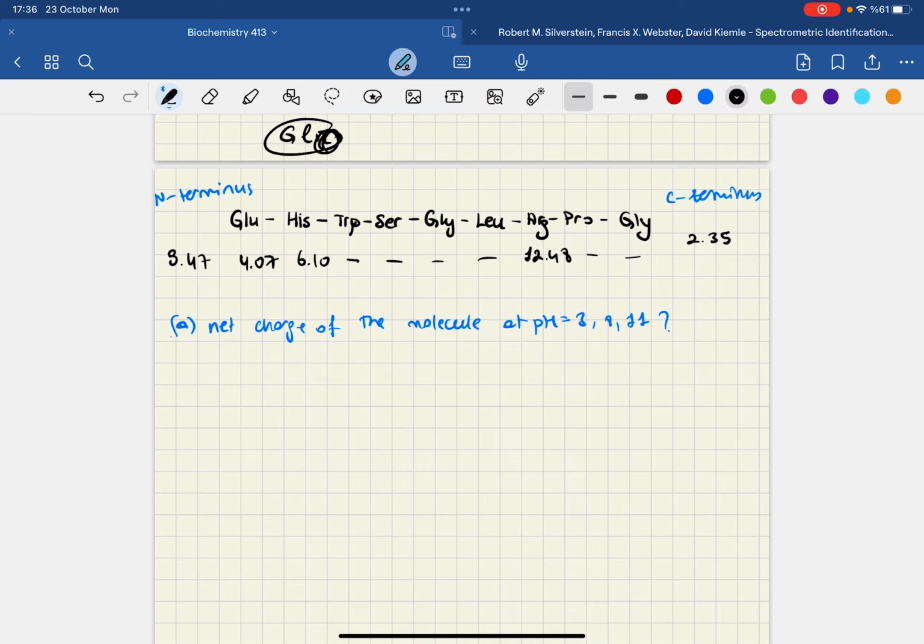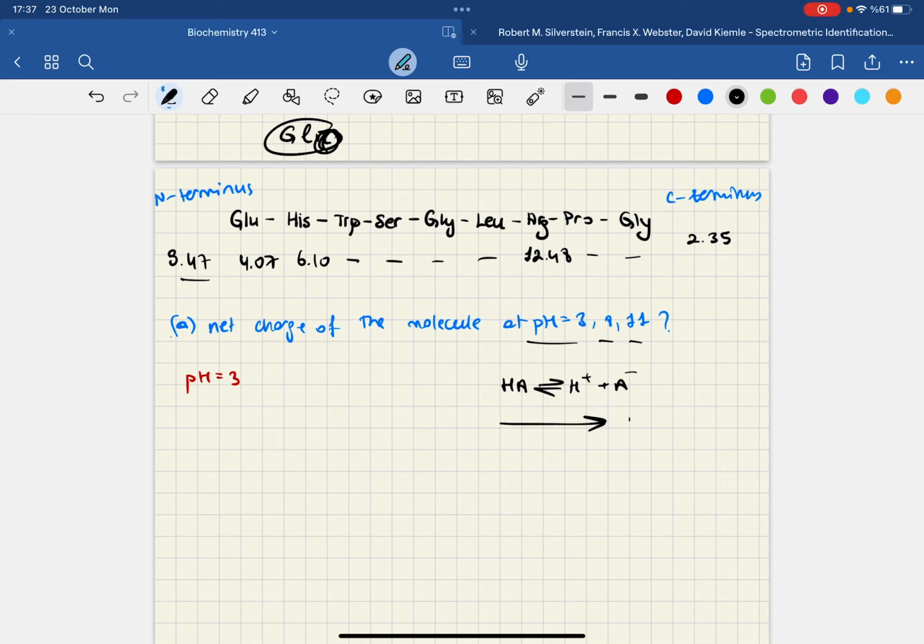All right, now knowing this information, we will analyze our question. It asks us what's the net charge of the molecule at pH 3, 8, and 11. When the pH is 3, we will make a small analysis. The N-terminus is of course basic. So when the pH is 3, since the N-terminus is a base, it will take a hydrogen atom.